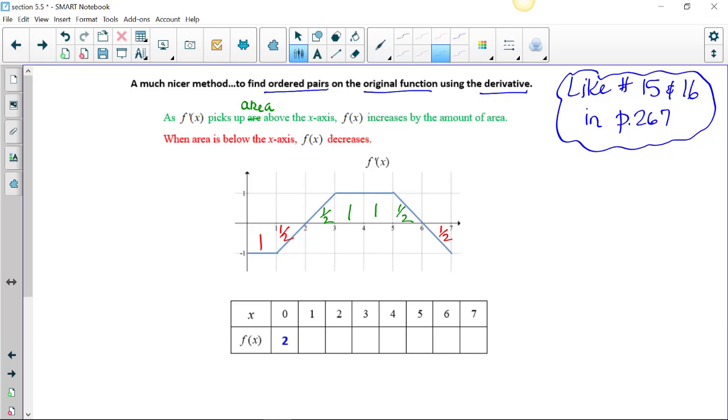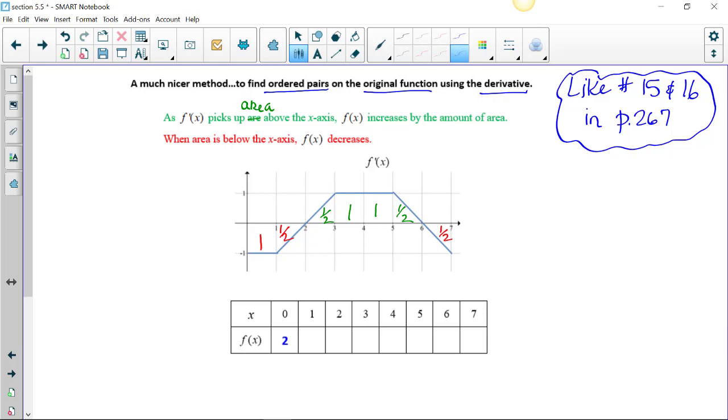If it's above, then the function values are going to increase by that amount of area. Okay? When the area is below the x-axis, the function decreases by that amount of area.